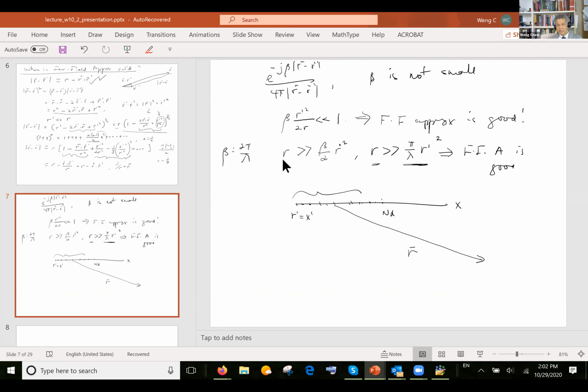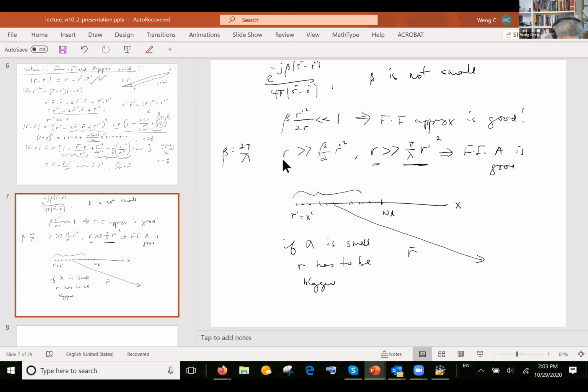And then when is this not valid? It is not valid if lambda is small. It says that if lambda is small, R has to get bigger. That means that if the wavelength is very short, you have to go even further away in order to make the far field approximation. And that distance is called the Rayleigh distance.